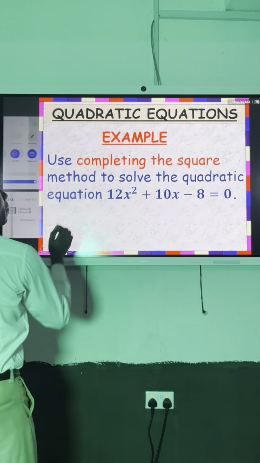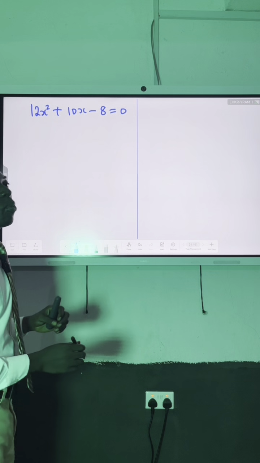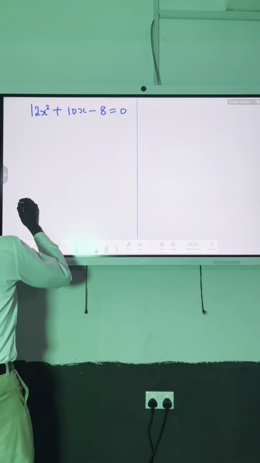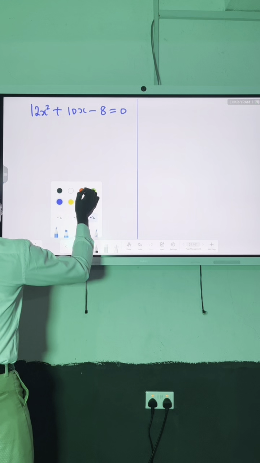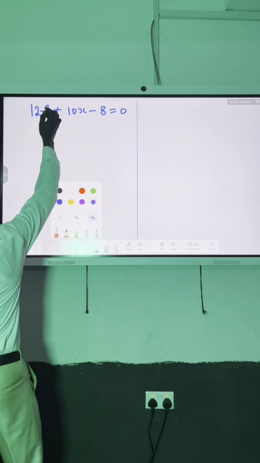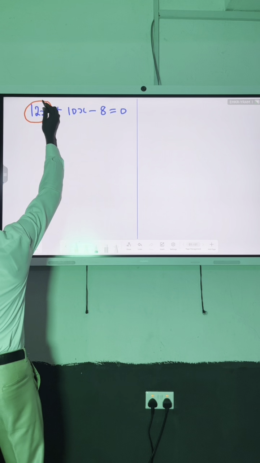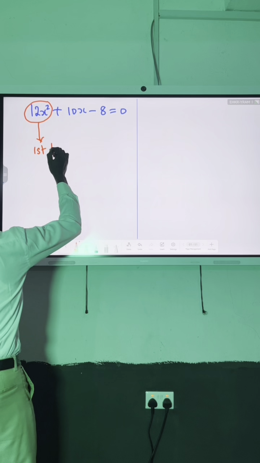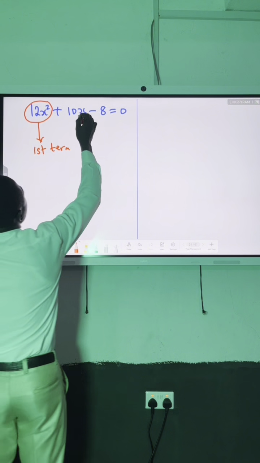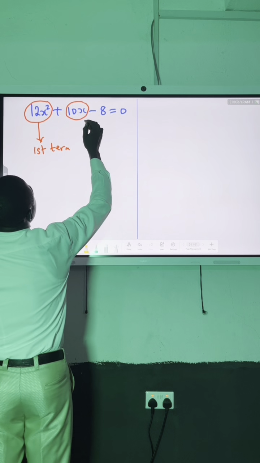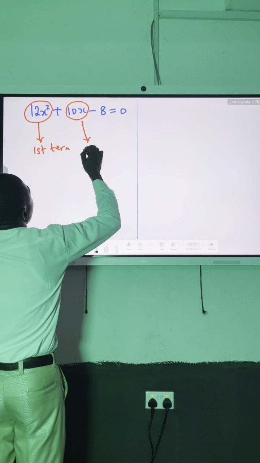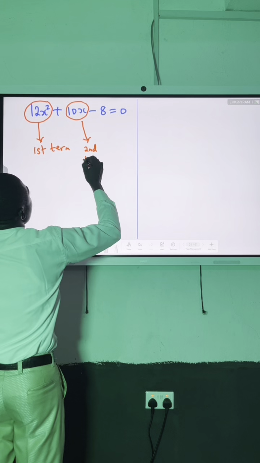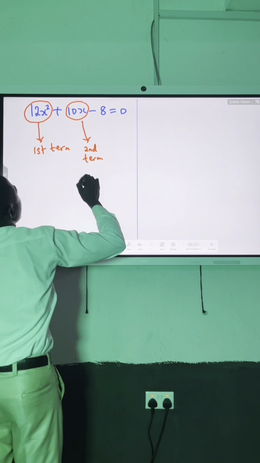We are here. Look at it. Very quickly, this term here is called the first term. The whole of this one here is called the second term.